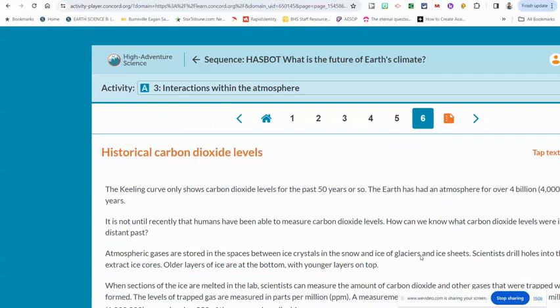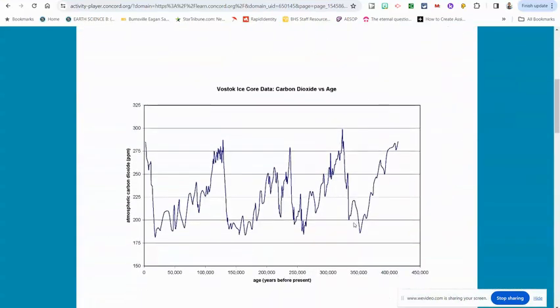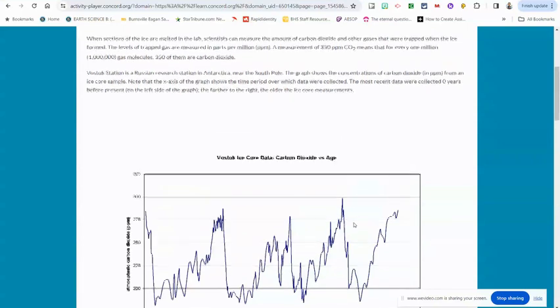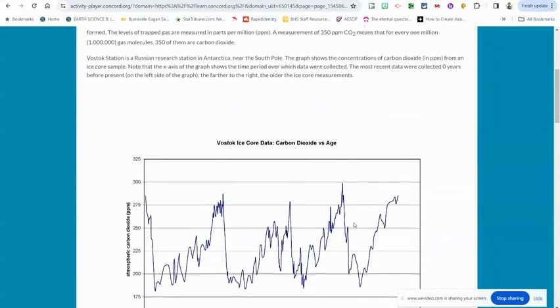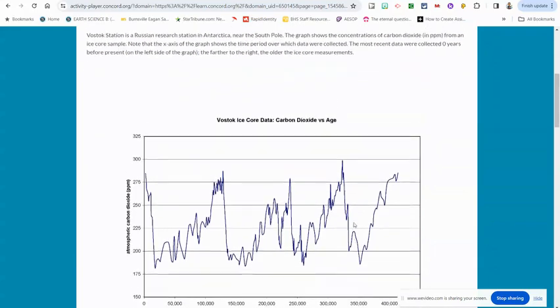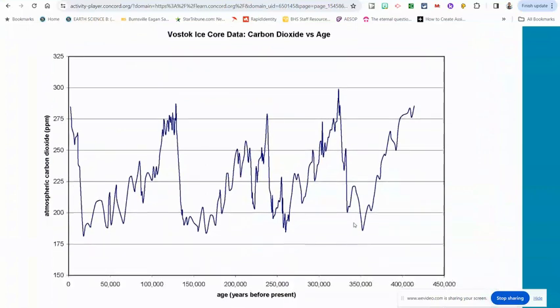That brings us to the last page. Okay, the last page, we now can take a look again at the Vostok ice cores. Vostok Station is a Russian research station in Antarctica, and this is where, as you saw in the Bill Nye video, scientists take ice cores and can measure the amount of carbon dioxide in the air.